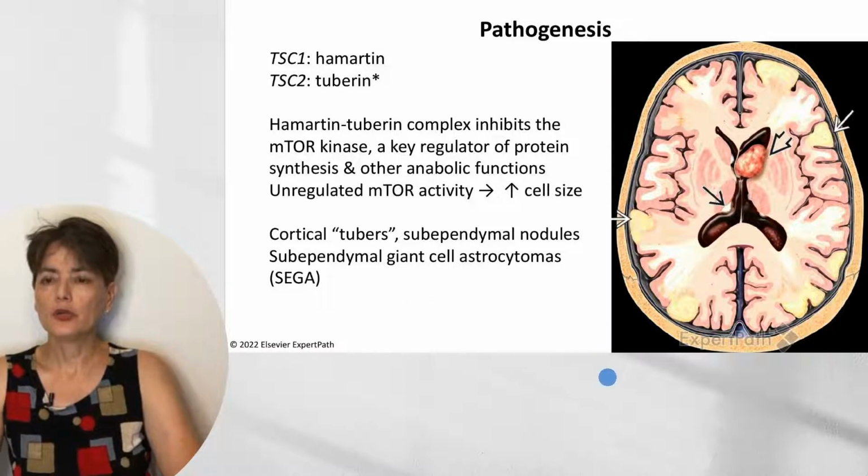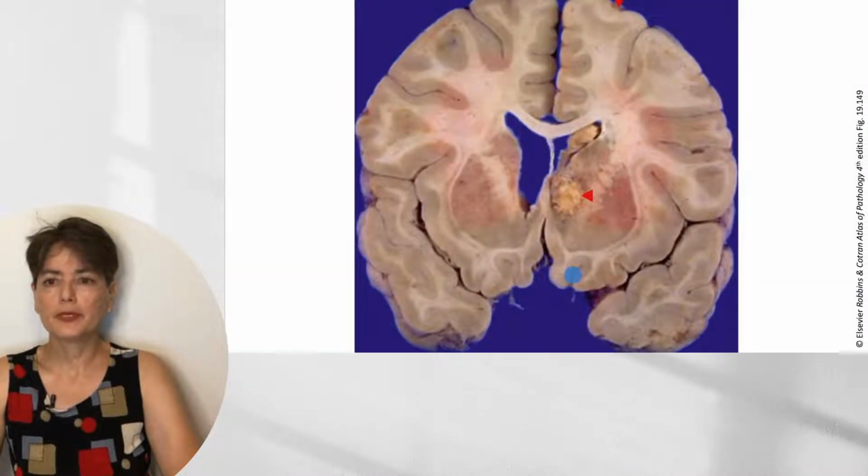So this is a cartoon from Expert Path that I think sort of brings things together nicely. These light yellow areas with the white arrows are these cortical tubers, where you have expansion of the gyrus. This black arrow here is showing a subependymal nodule, and then here is a SEGA. So let's take a look at an actual gross specimen.